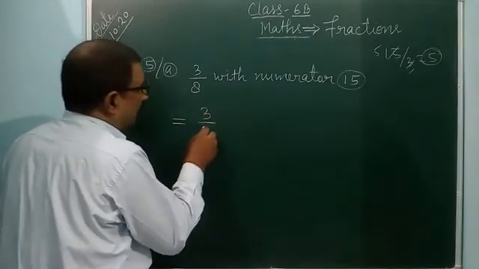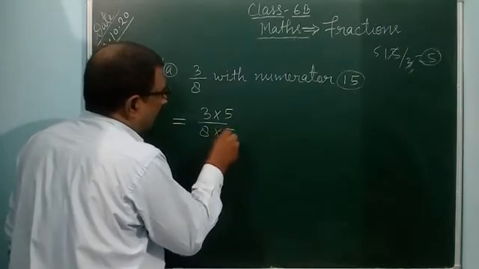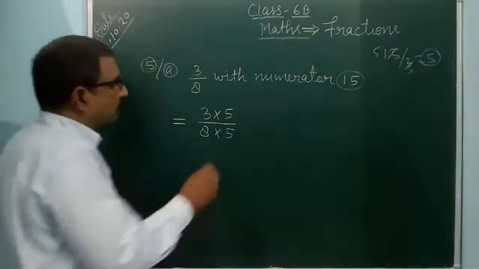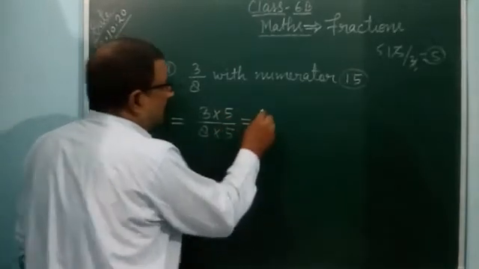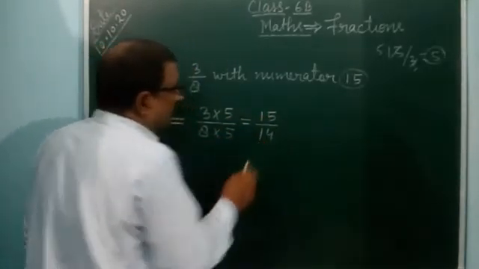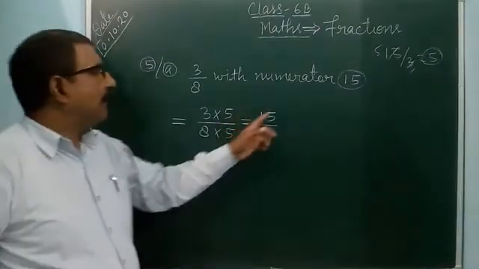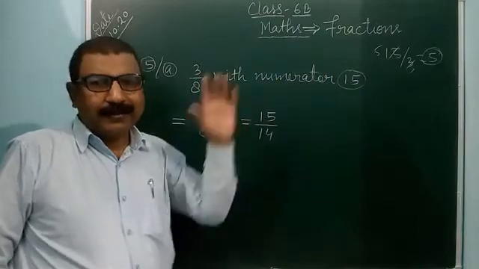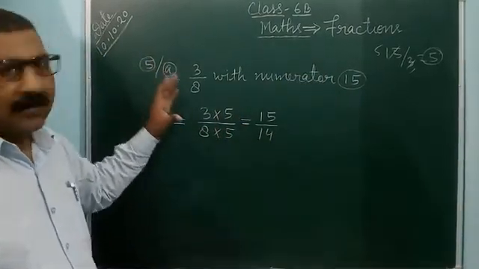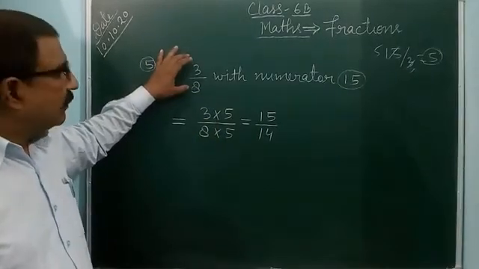So 3 by 8 multiply with 5. You have to multiply with the same number. So 5 3s are 15 and 5 8s are 40. So your aim is to get numerator 15. According to your aim, you select the number by which you multiply 3 by 8.